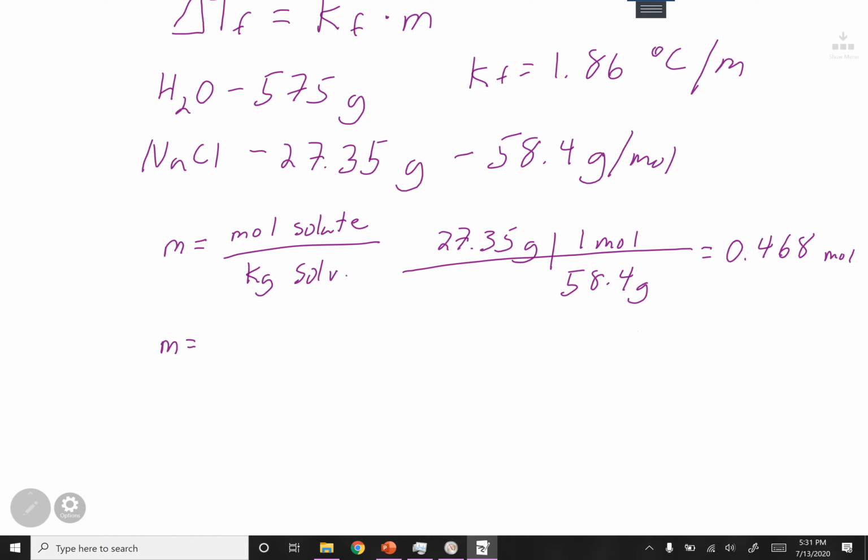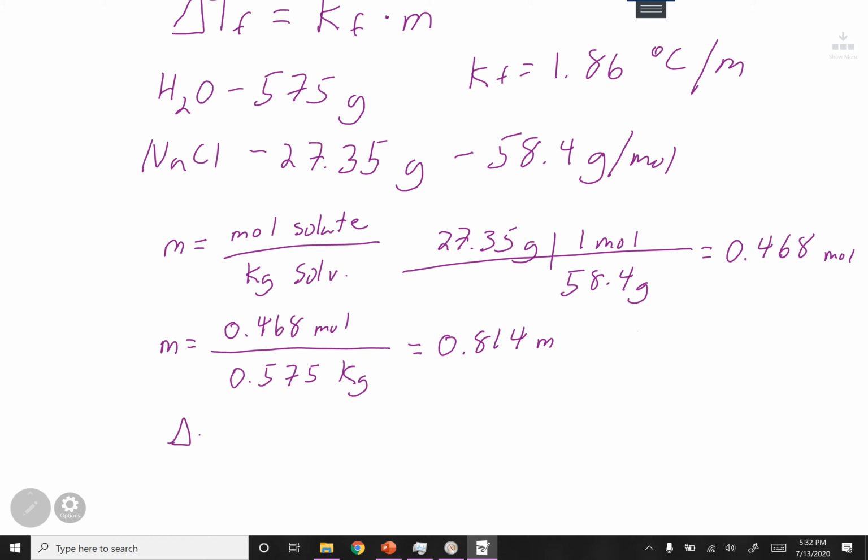So little m will be equal to 0.468 moles over, and just convert this to kilograms, 0.575 kilograms of water. Okay, so our little m will be 0.814, and those are units of molal.